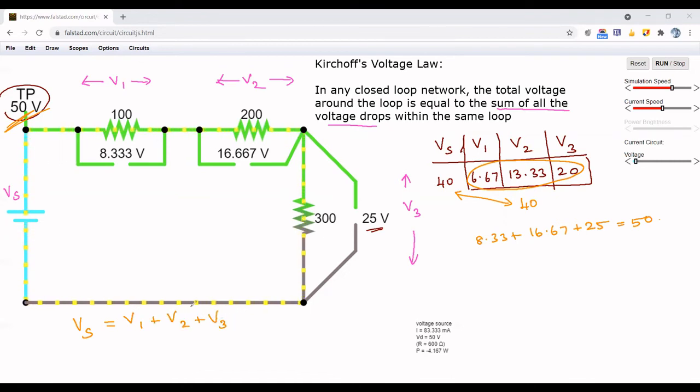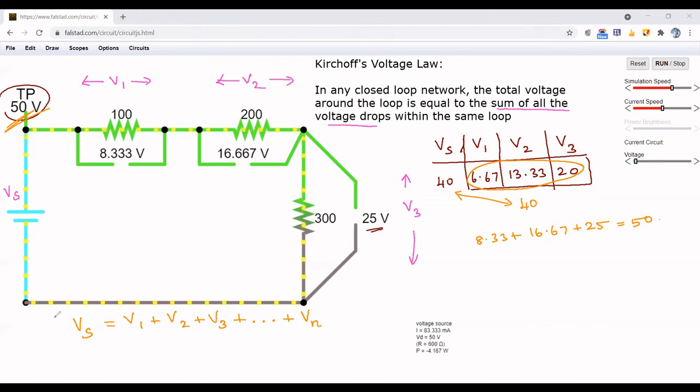This is when you have three resistances connected in series. What do we do when you have n number of resistances connected in series? Then you will have n number of voltage drops. So Vs is equal to V1 plus V2 plus V3, and so on till Vn.